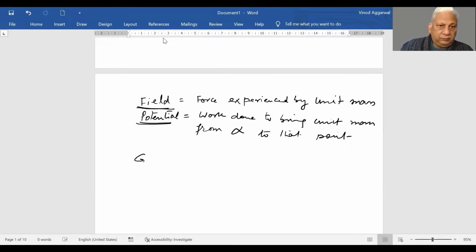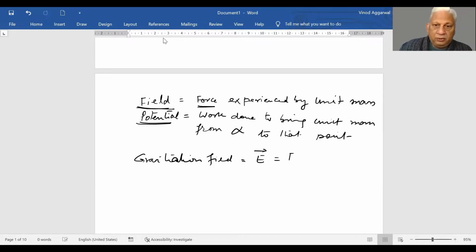Now, the gravitational field is a vector because the force is a vector.